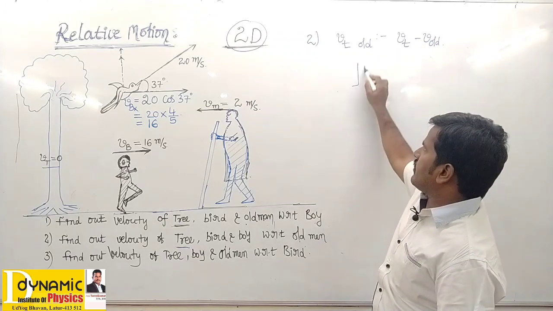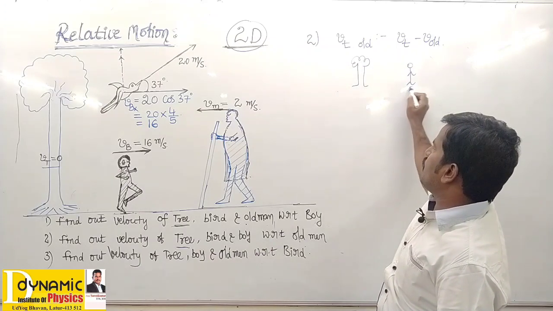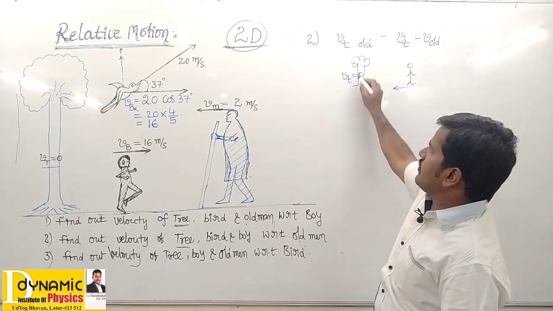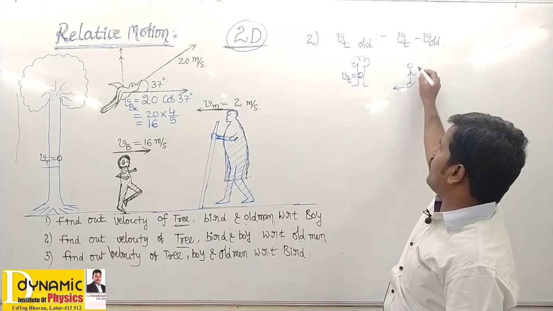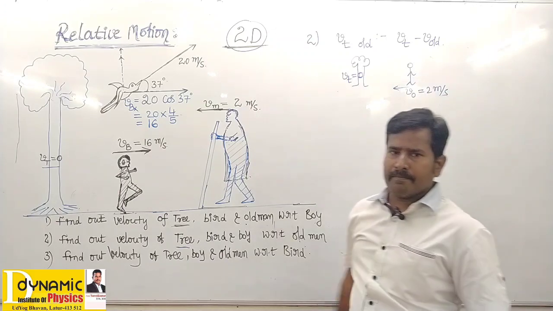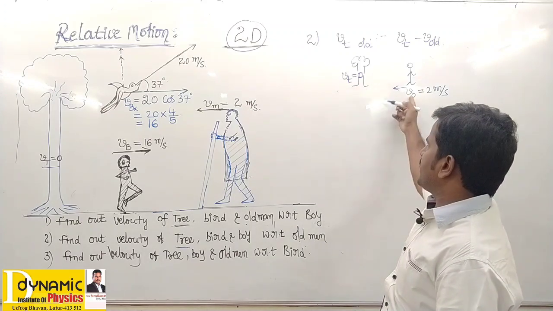The velocity of tree becomes 0, and the old man velocity is 2 meter per second. So what is the velocity of tree with respect to old man?